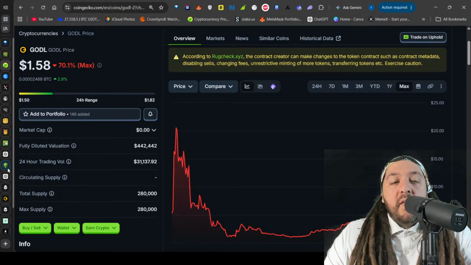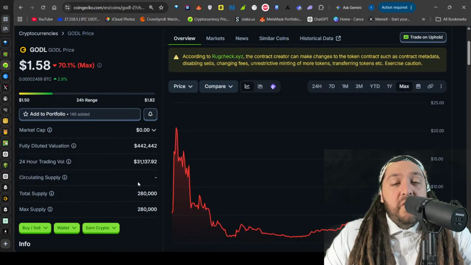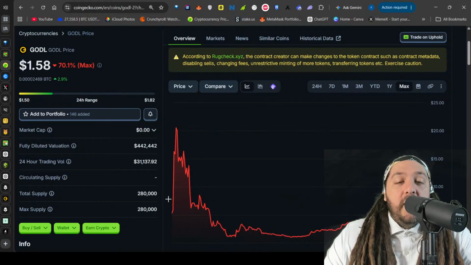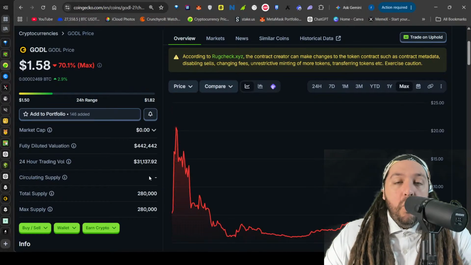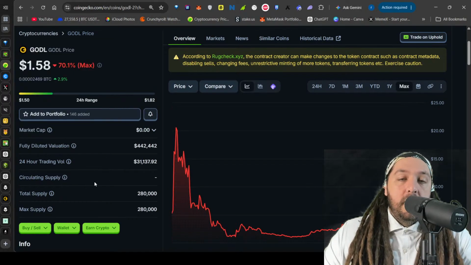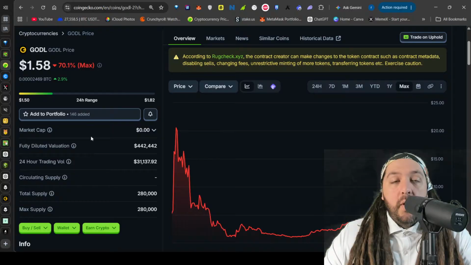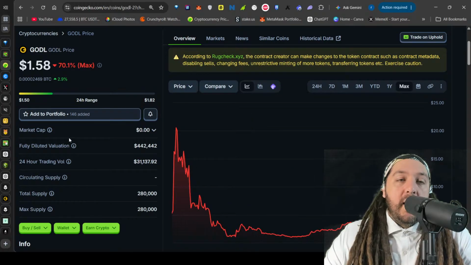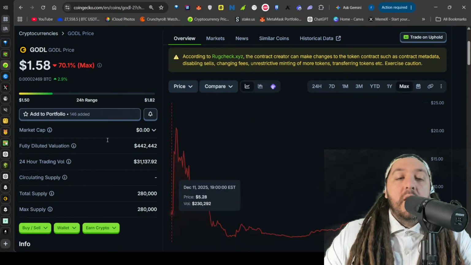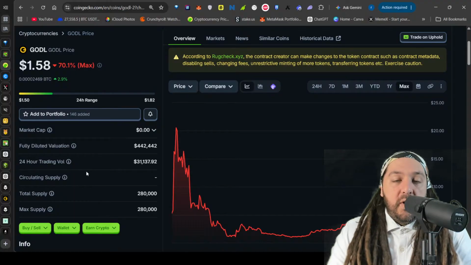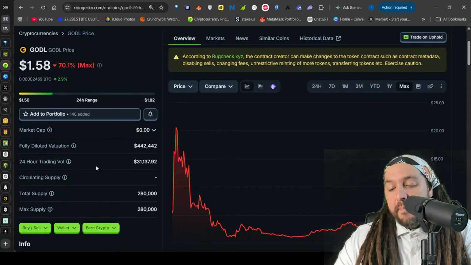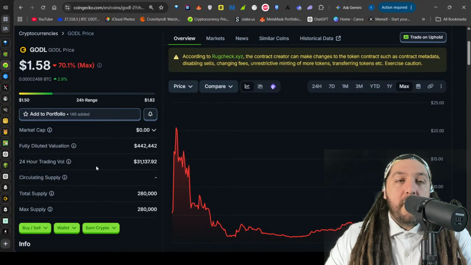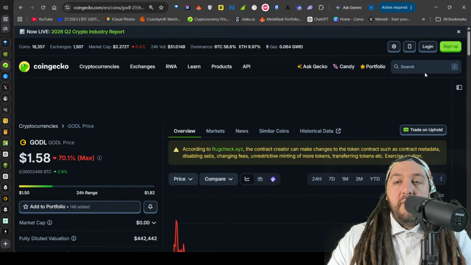But we don't know how many are in circulating supply. Is it 200,000, 260,000? Is it fully vested? That's a problem. If we had the price and the circulating supply, we could figure out the market cap. Or if we had the market cap and the price, we could figure out roughly the circulating supply. But we don't have any of that. So maybe Prime Minister can give us that at some point.